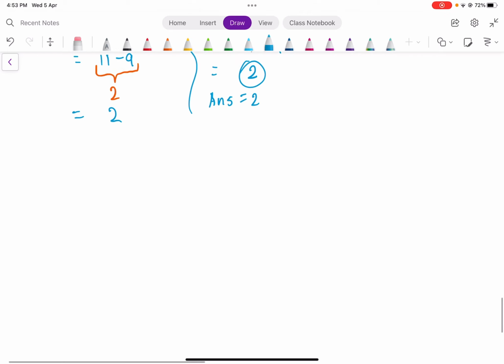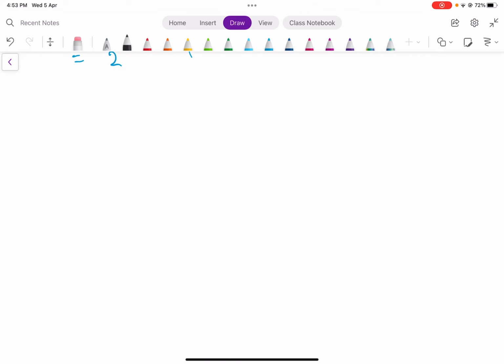So let's move on to another question, which is 3 times 5 squared. Remember, squared is 5 raised to the power 2, divided by 15, closing bracket, minus opening bracket, 5 minus 2 squared, and bracket closed.